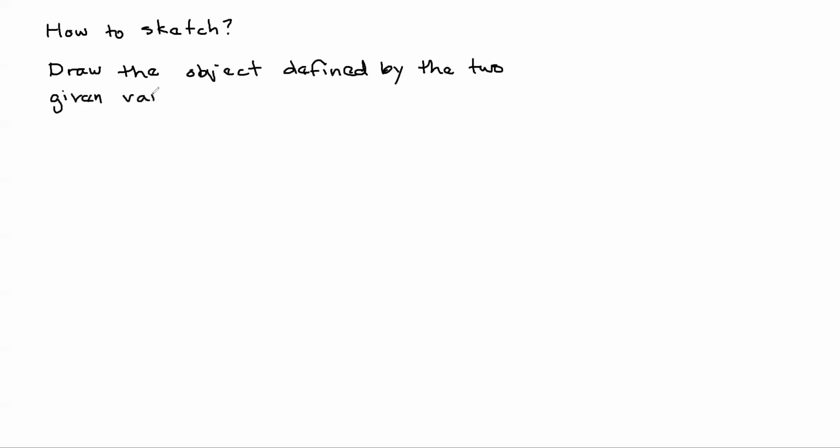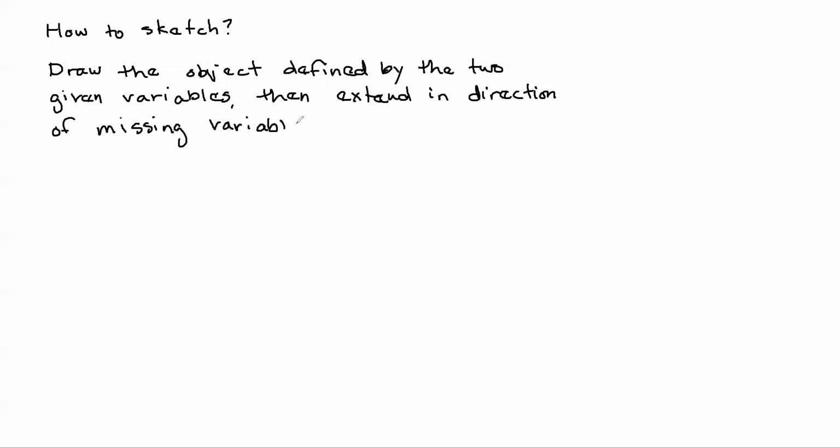What we're going to do is draw the object defined by the two given variables and then extend it in the direction of the missing variable. Okay, so let's go through and try that with some examples.